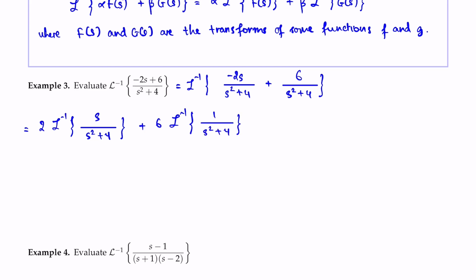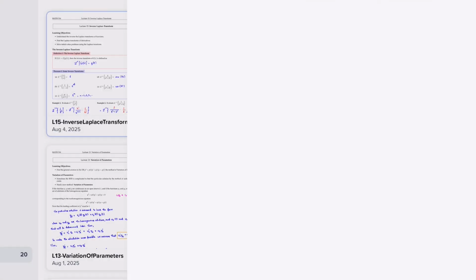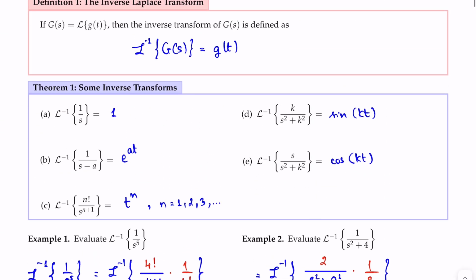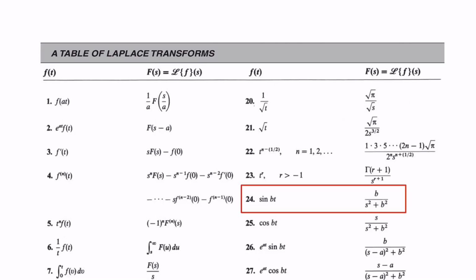So for the inverse Laplace transform of s over s squared plus 4, again, you can go back to the Laplace transform table, or you can use one of the formulas that you saw earlier. Let me go to the Laplace transform table just to show you how that can be done. So you have the inverse Laplace transform of s over s squared plus 4, or s squared plus 2 squared.